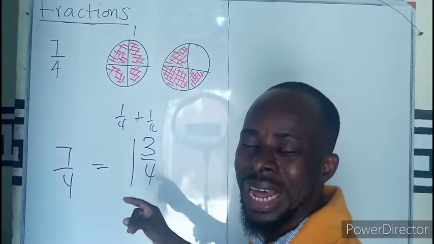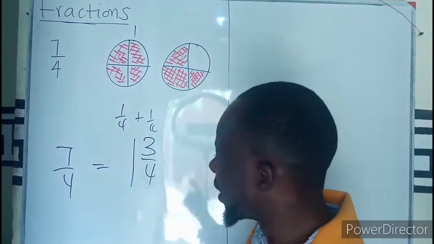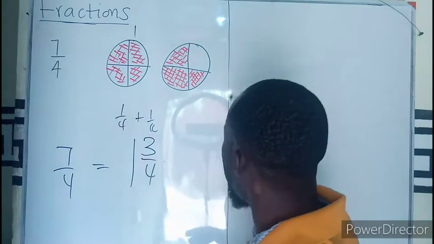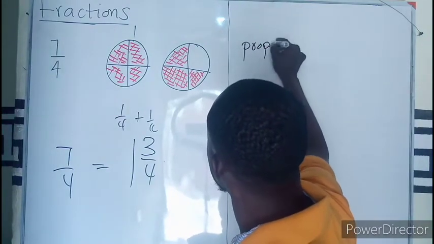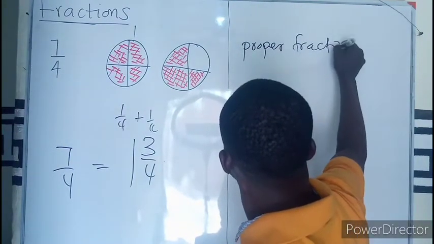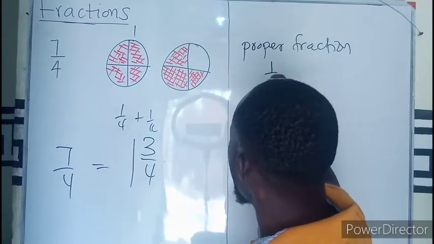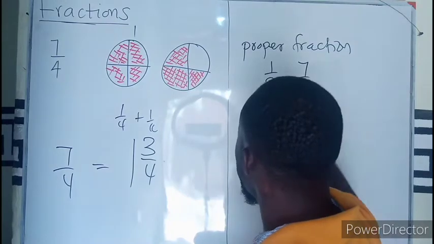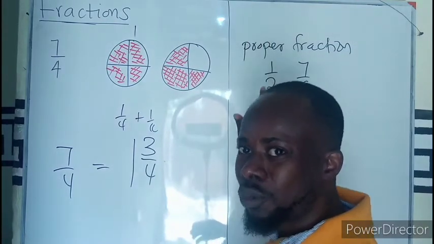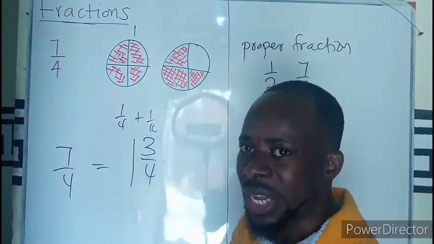So this gives birth to another type of fraction, the mixed fraction. So we have proper fraction, which we describe as the one like 1 over 2 or 7 over 9, where the top is smaller than the bottom.